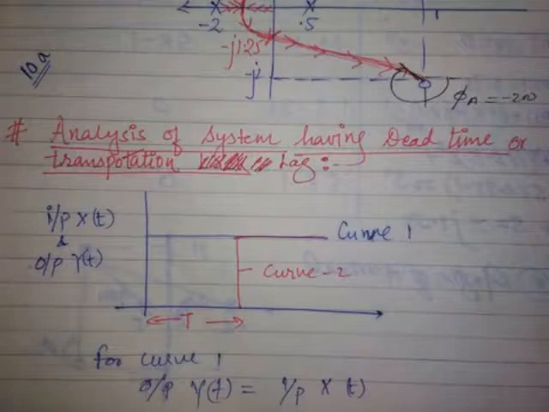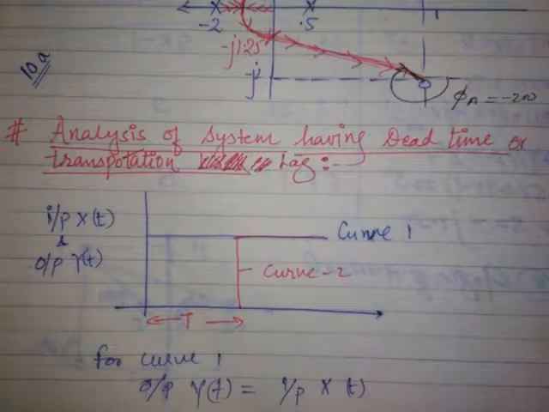If you apply Laplace transform to the second expression, we have y of s equal to e power minus ts into x of s. So the representation of dead time in a transfer function is the factor e power minus ts. If this factor is present in any transfer function, it is an indication that the system has dead time.